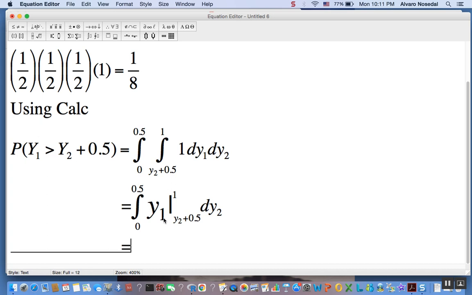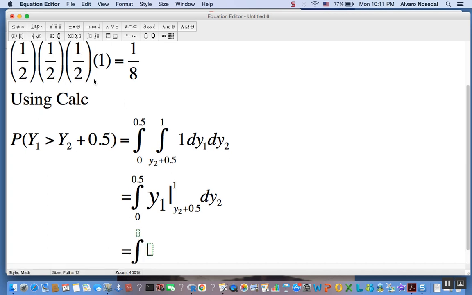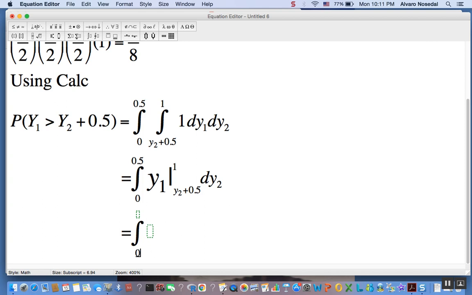Now we want to find that integral from 0 to 0.5. This is going to be just 1 minus y2 minus 0.5, and we're going to be integrating with respect to y2.